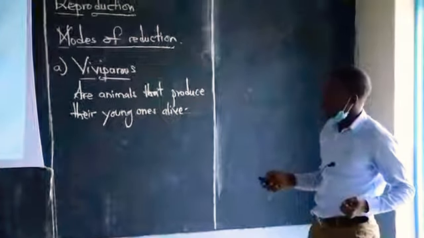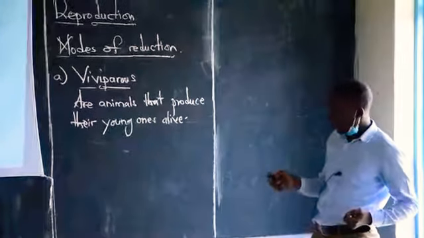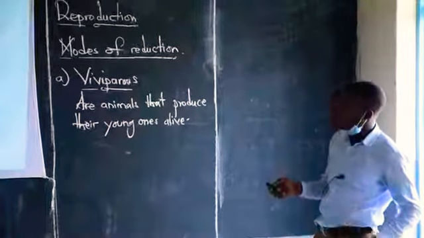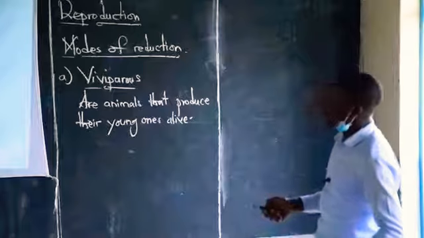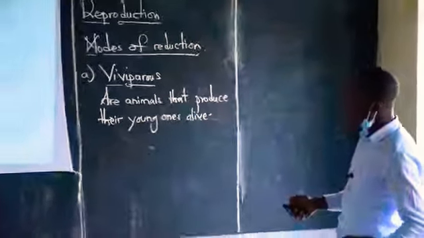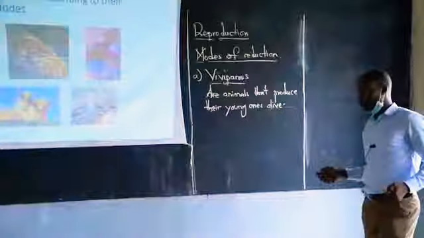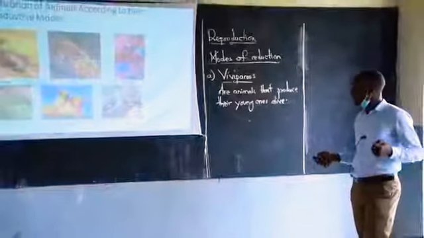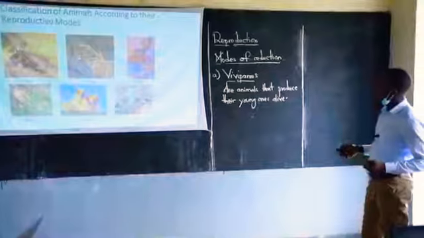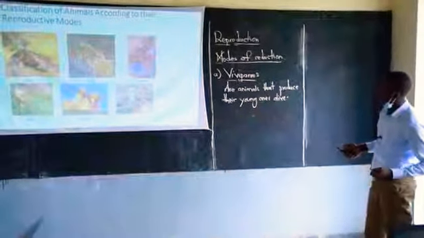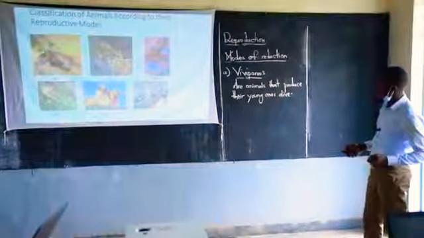If you go back to the chart, it can help us get these animals properly. Come here and check. When you look at a tiger here, a tiger will be an example of animals that give birth to their young ones alive. And then I check humans, and then a dog here.